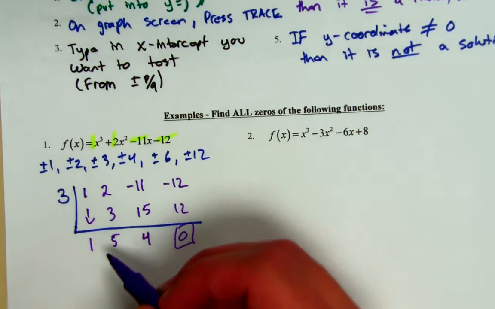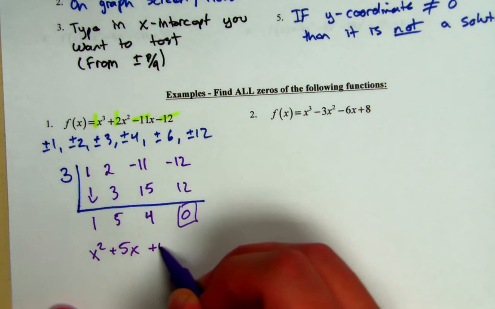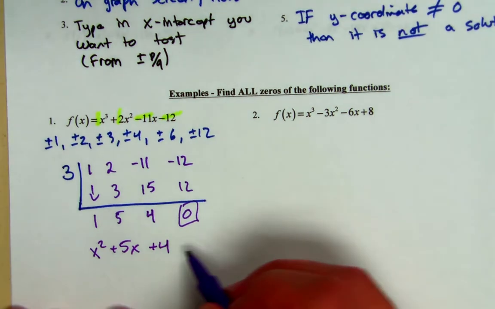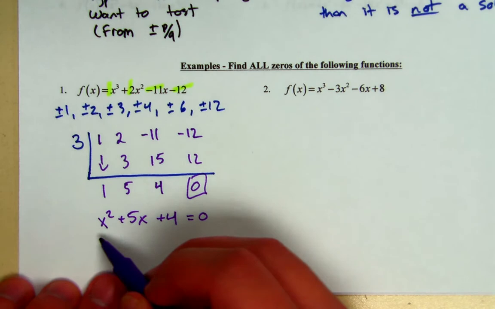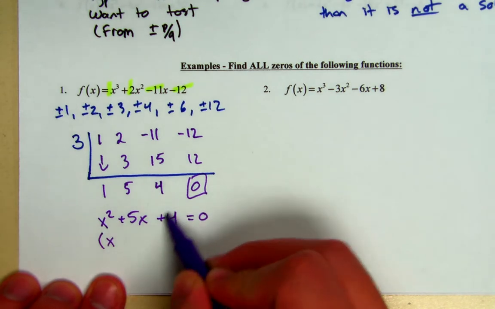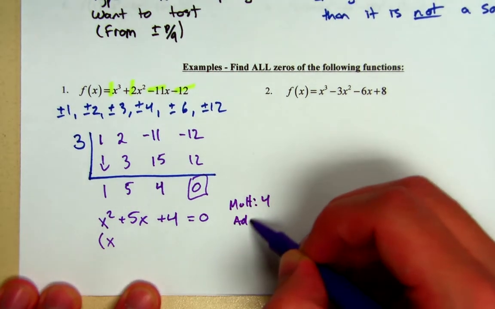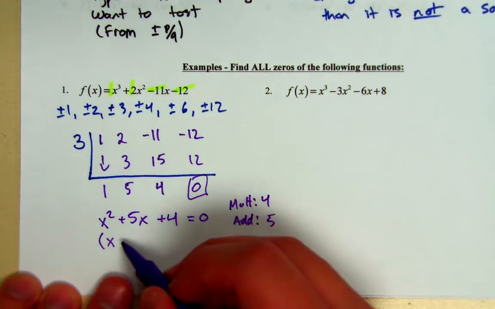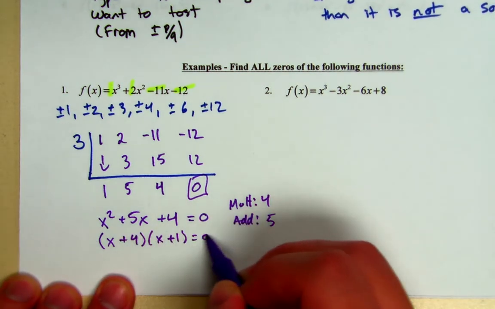And now I need to rewrite this as a quadratic: x squared plus 5x plus 4 equals 0, because I want to solve by factoring the rest. I need two numbers that multiply to 4 and add to 5. Well, hopefully we realize plus 4 and plus 1.